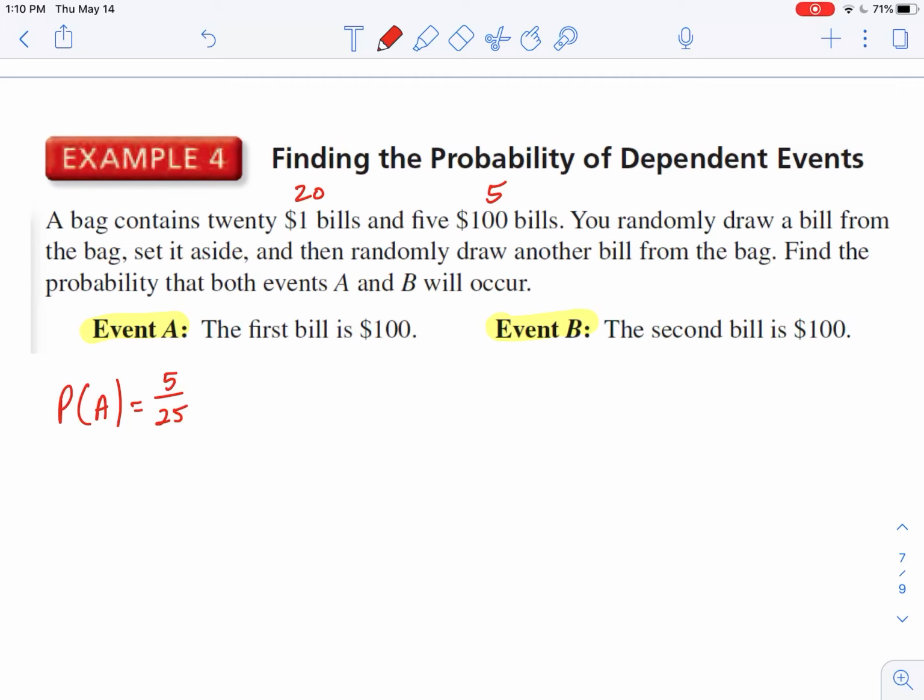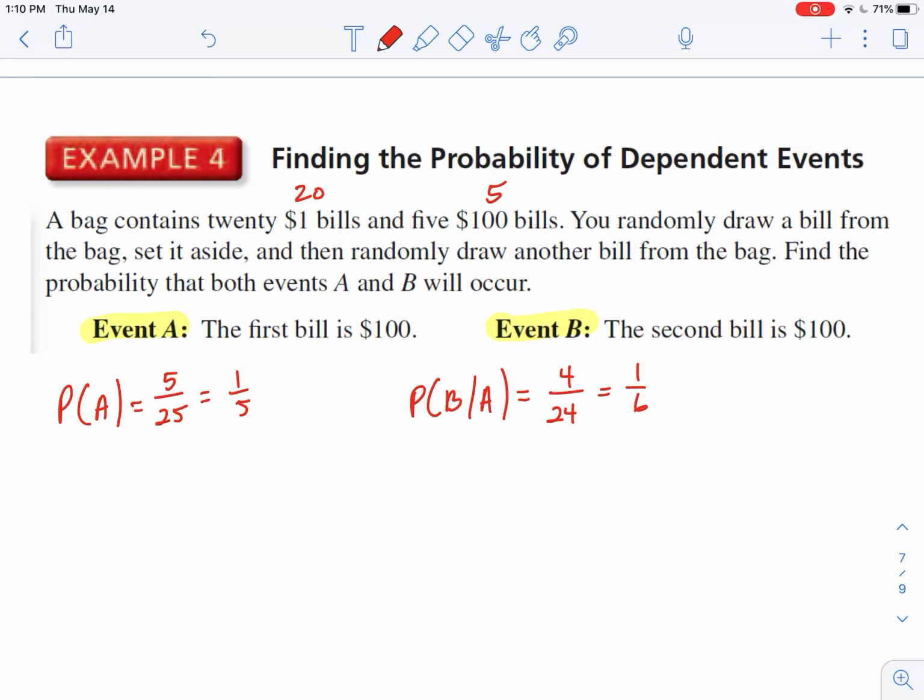Now, the probability that the second bill that we choose, and keep in mind we put our hand in and pulled one out, the probability of event B given that event A took place, well, we assume that A took place, so there's one less $100 bill, so there's only 4 of those, but there's also one less total bill, so there's 4 out of 24. Now let's reduce each of these. 5 out of 25 is 1 over 5. 4 over 24 is 1 out of 6.